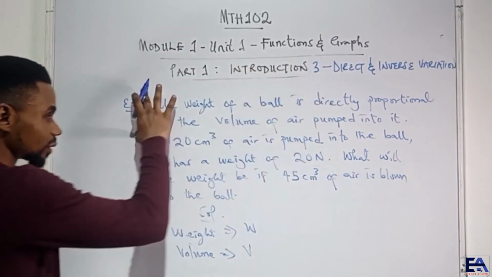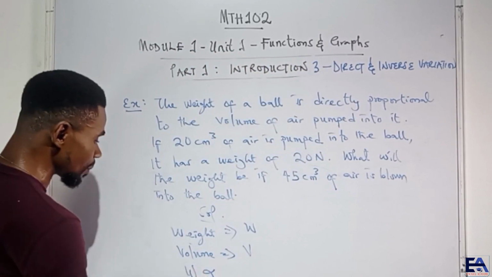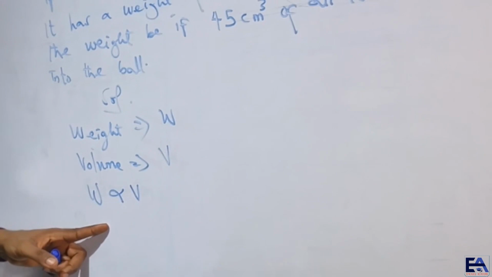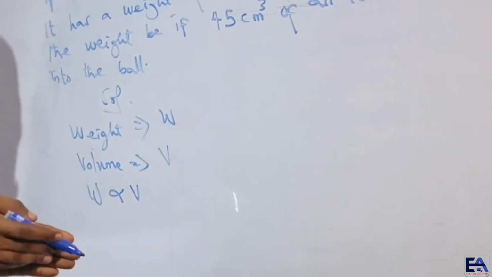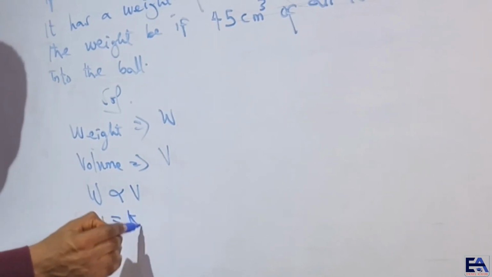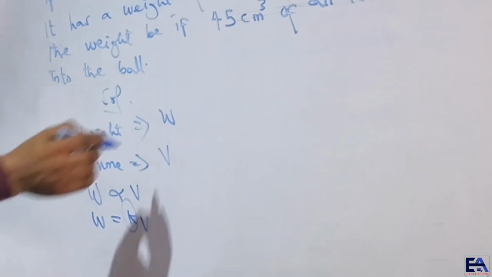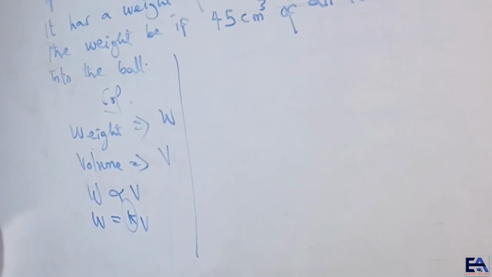If weight is directly proportional to the volume, then the weight will be equal to KV. That is, we introduce the constant of proportionality into the system, just to change this sign to equality.